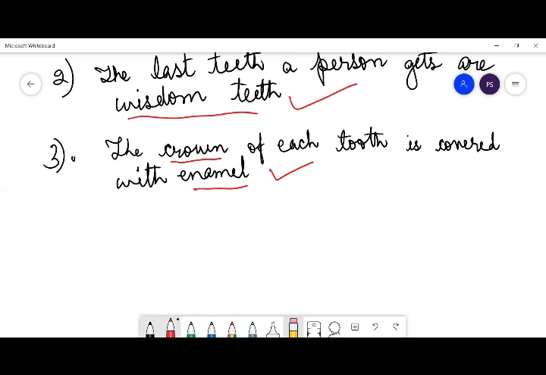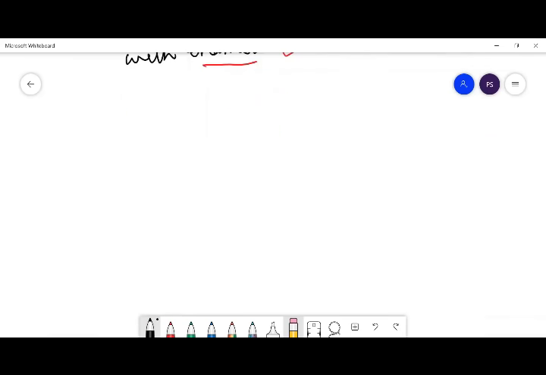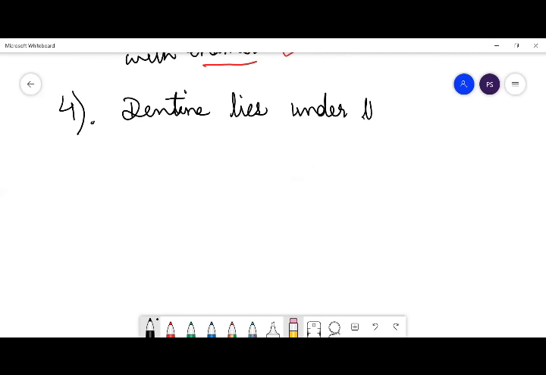Now the next question is, question number 4 is, dentine lies under the dash.